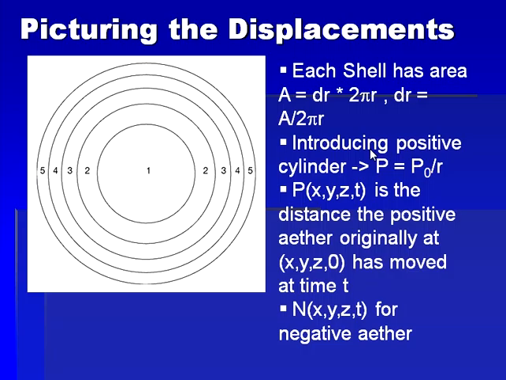For one specific example, let's look at the situation at the boundary of the inserted attached ether. At that point, the magnitude of p is equal to the radius of the inserted ether, since the attached ether at that point has been moved from the center. The direction of the displacement is radially outward from the center.